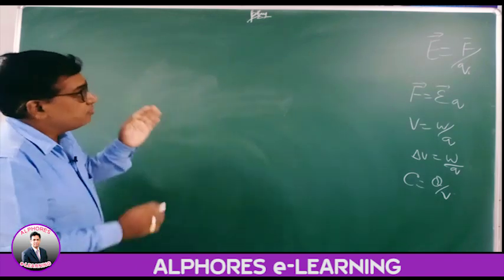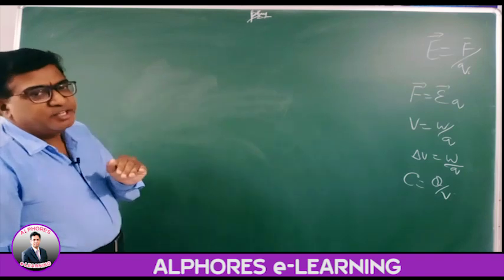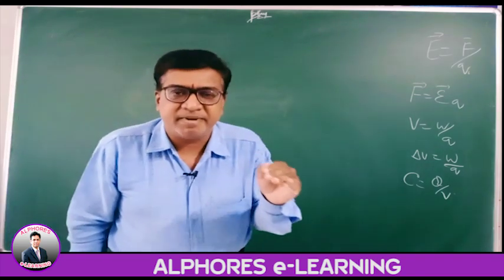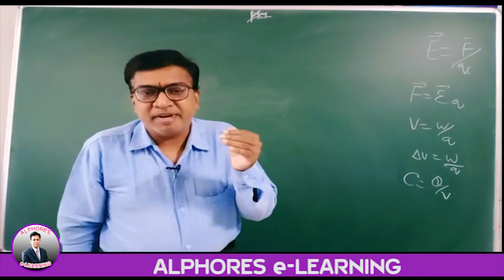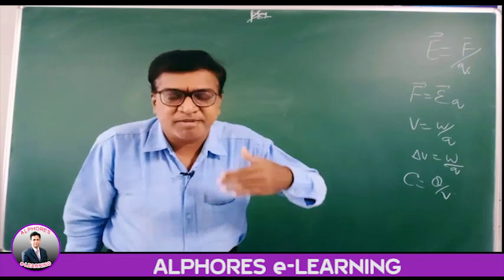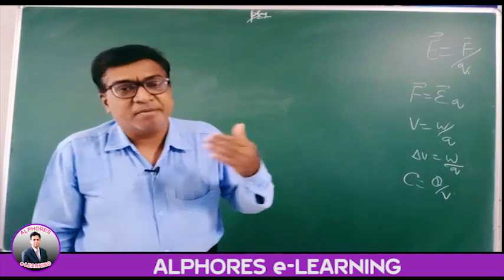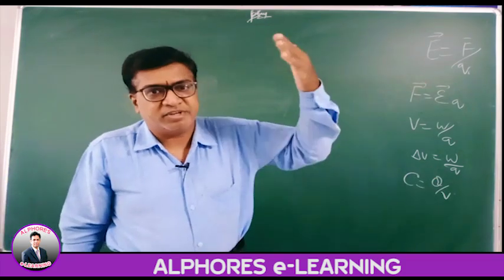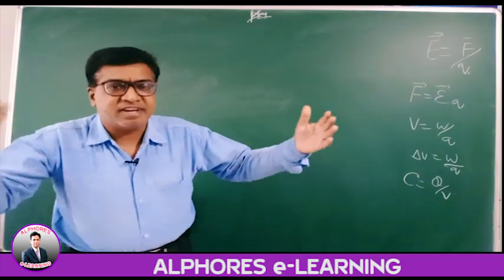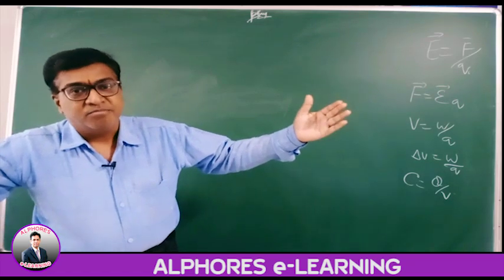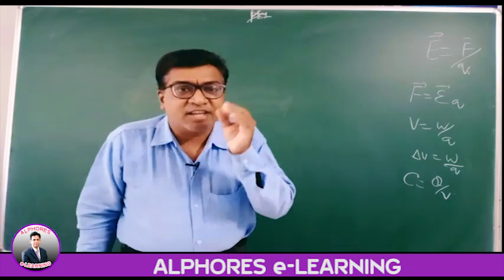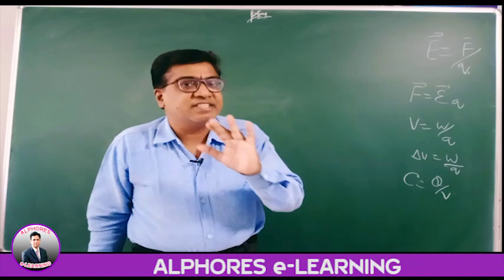So we devised a new thing called the parallel plate capacitor, where without changing the size I am able to increase its capacity. With a spherical conductor, the capacity depends on size: the more the radius, the more the capacity. So to increase the capacity, I have to increase the size. But in a parallel plate capacitor, the capacity is increased without changing the size.